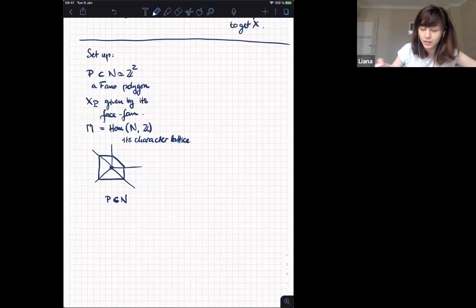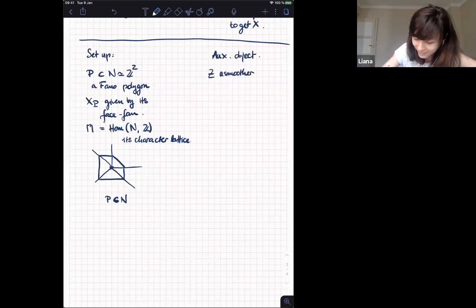Second part of the setup is I need an auxiliary object, which I will call Z, which is a smooth toric variety. So another variety. Ooh, not a smoother, it's just smooth.